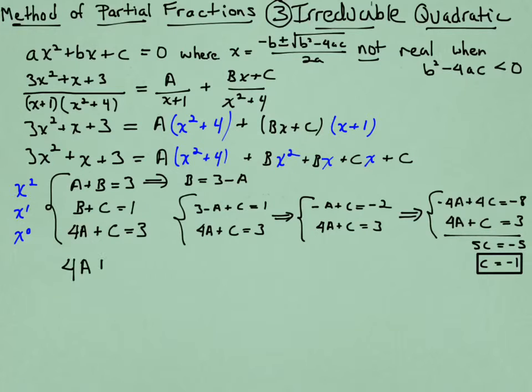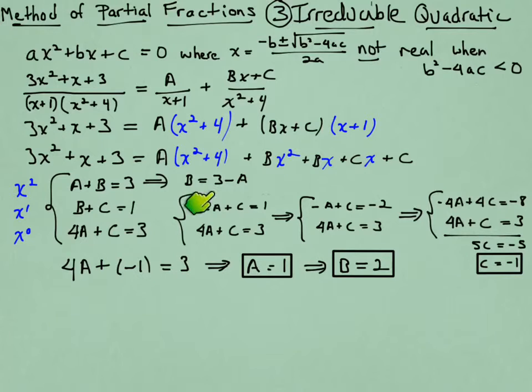I can now substitute that into any of the earlier equations. In this case, I'll take 4a plus c is equal to 3, substitute that in, the c of minus 1, and I will get a is equal to 1. And I can substitute that into the equation here, 3 minus a for b, and that gives me b as 2.